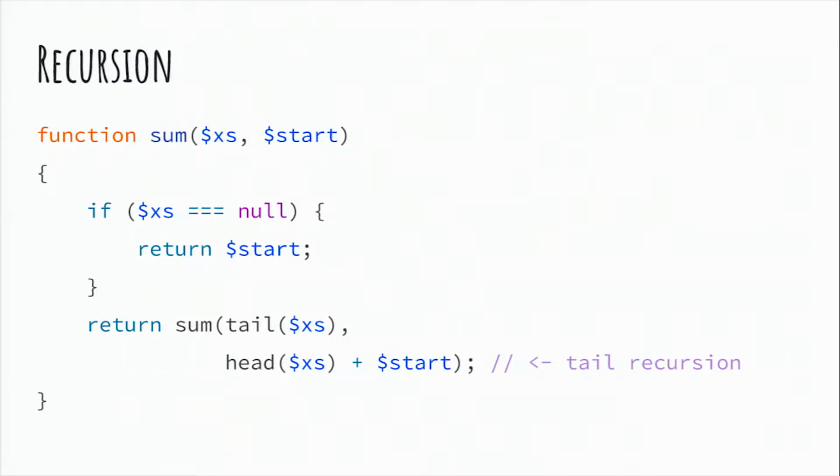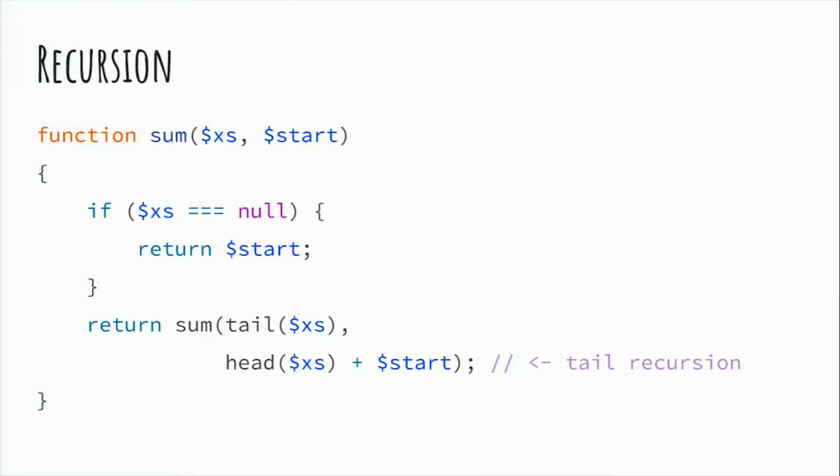So if we have an empty list, then we just return the start value. And then we recurse at the last line by passing the tail and, as a start value, the head plus the start value that we started with.